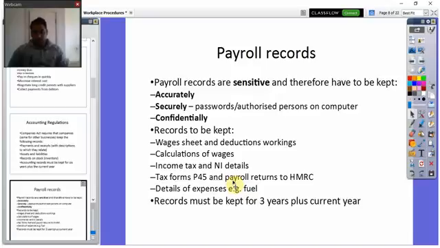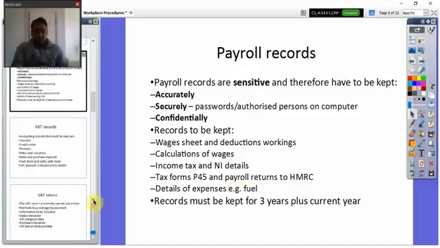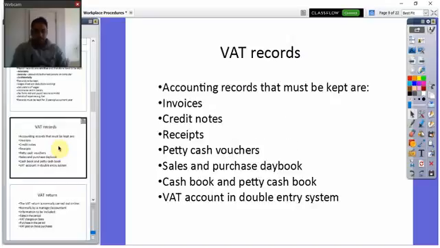The reason for this is that it's less hassle for them, so they don't have to keep two records that are out of sync. So obviously keeping both of them for the same period means that they're in sync. So that's a reason that some businesses may keep them for the same period as the accounting records.